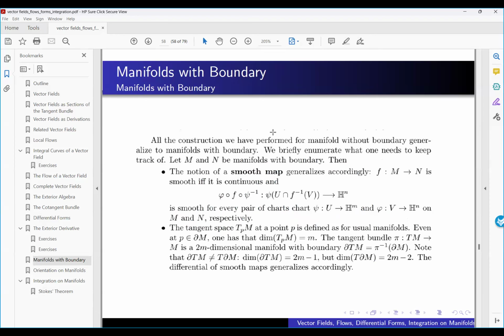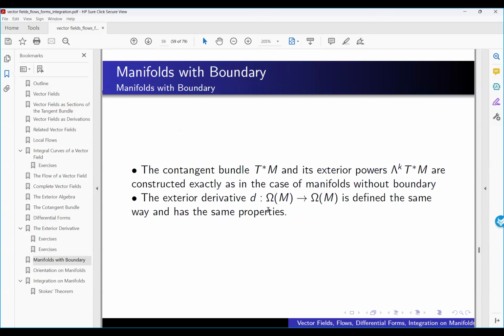Now everything else is constructed in a similar way. We can define a smooth map again via charts, always taking the local representation. There are some details to be dealt with, but there is nothing that doesn't work. So everything that we talked about before still holds here.